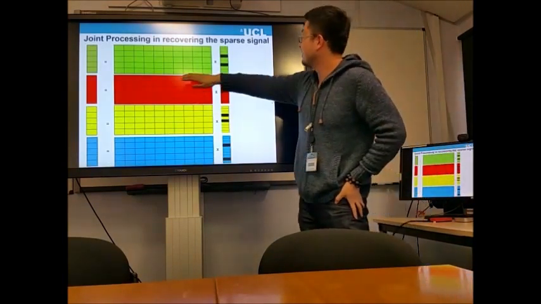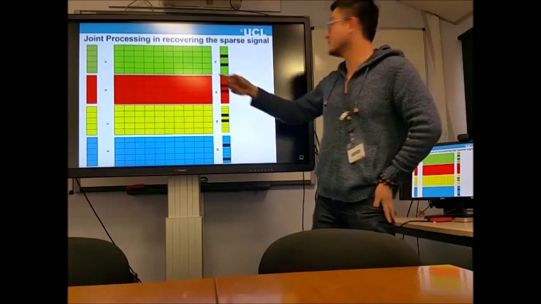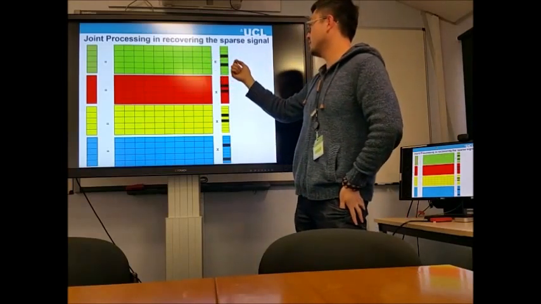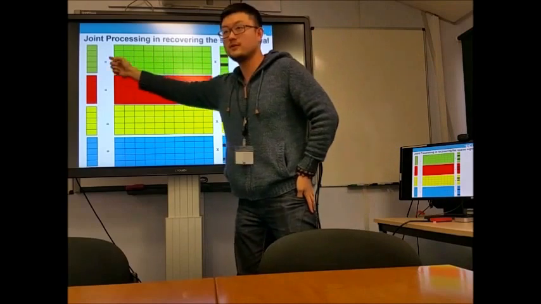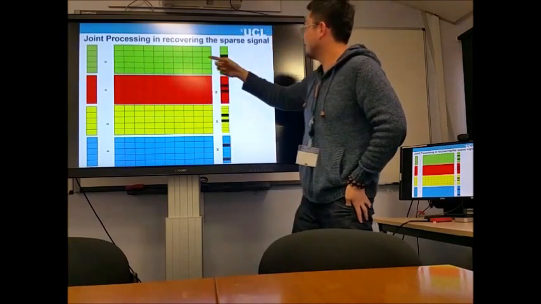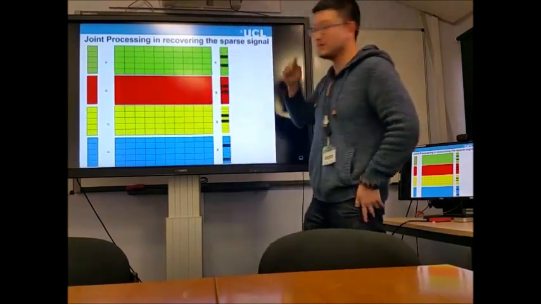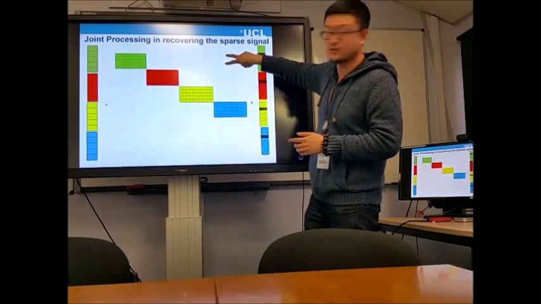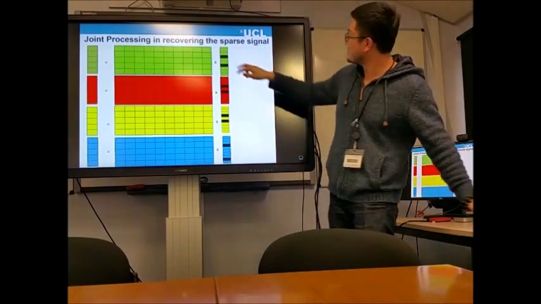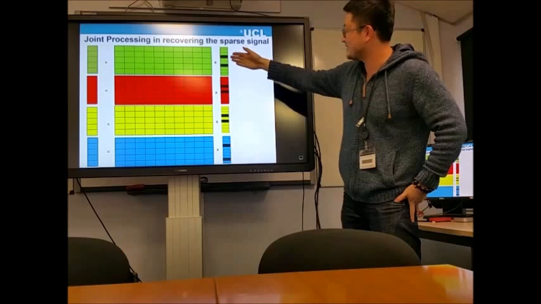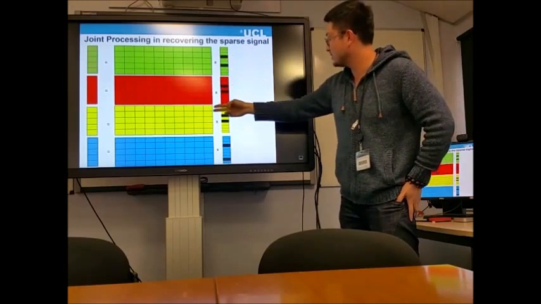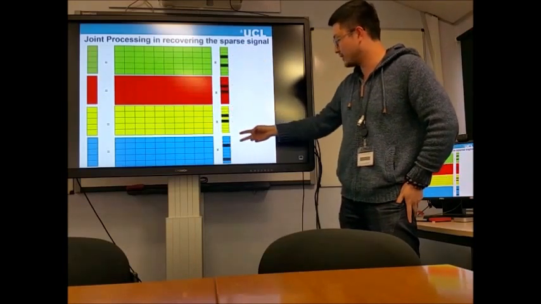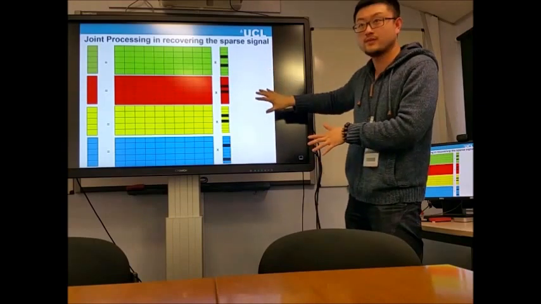Roughly speaking, it's like this. For example, the green one is 1 receiver, the dictionary and the sparse vector and the measurement. Suppose this vector is composed of 2 items, which are these two. The red one we have 2, the yellow one we have 2, the blue one we have 2, but these are all different, separated.